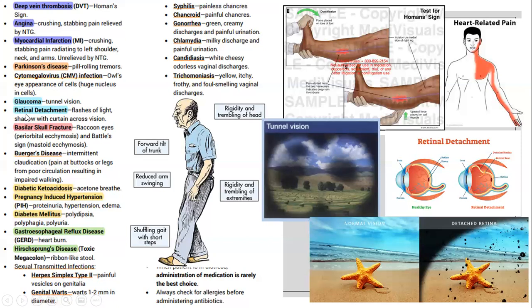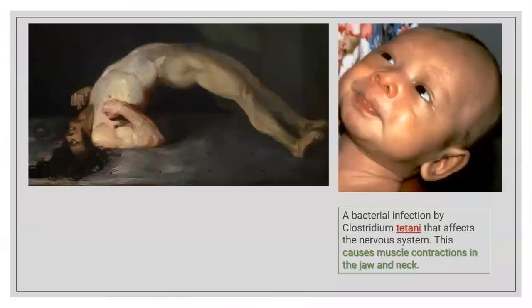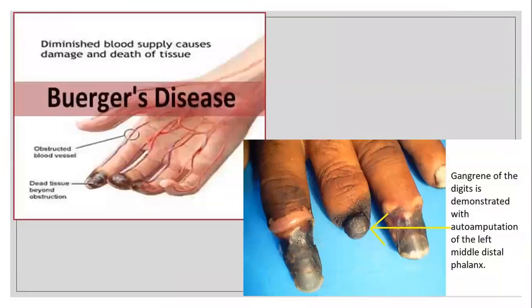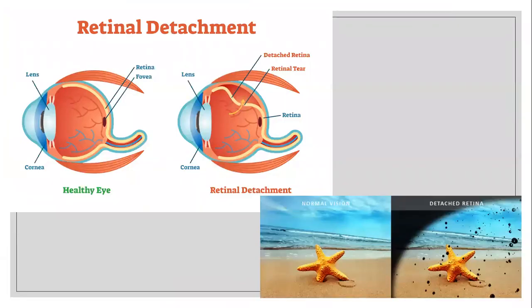Retinal detachment. So this is the retina, and here showing the detachment. We will see flashes of light or a shadow like a curtain across the vision. The picture you can see is bigger here. So normal healthy eye, this layer is the retina. Here the retina is detached.